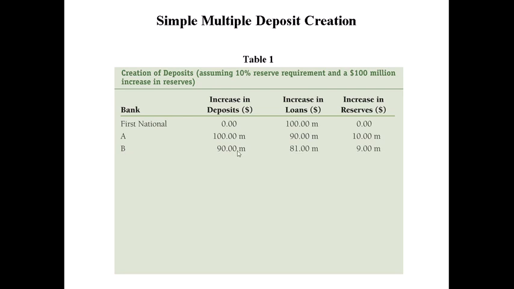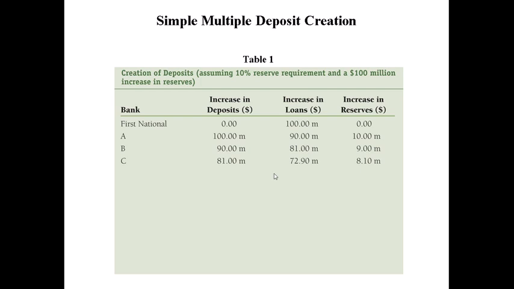So Big Lots deposits that $90 million in its till into its bank. Now, the next morning when Bank B opens, it has to, by law, hold $9 million on reserve, and it can lend up to $81 million out to the public.